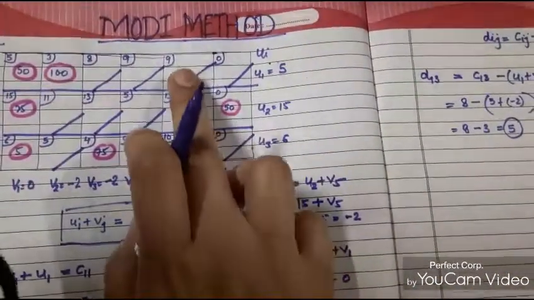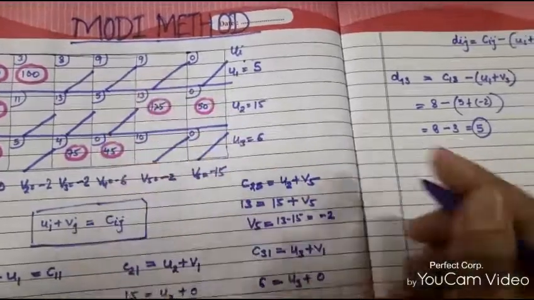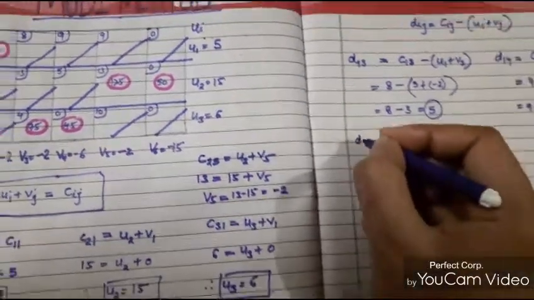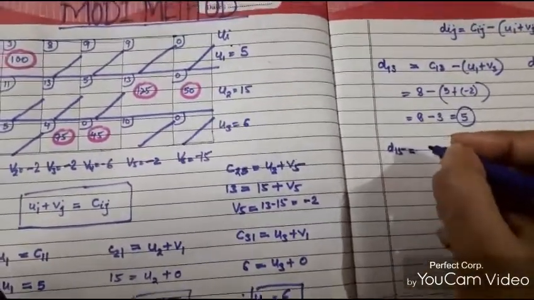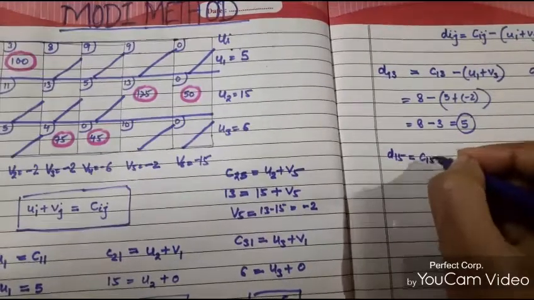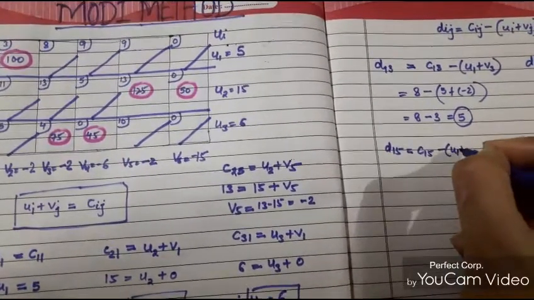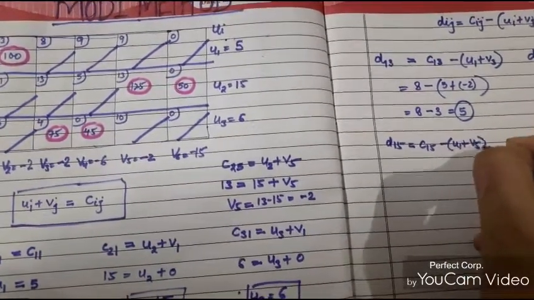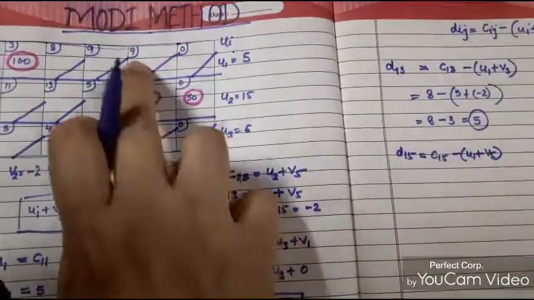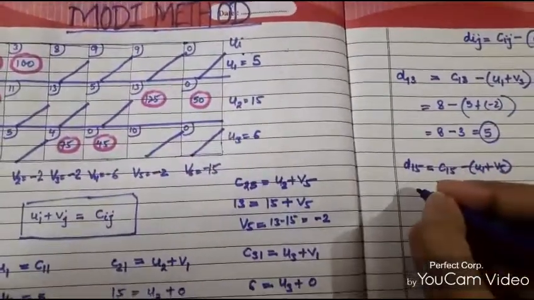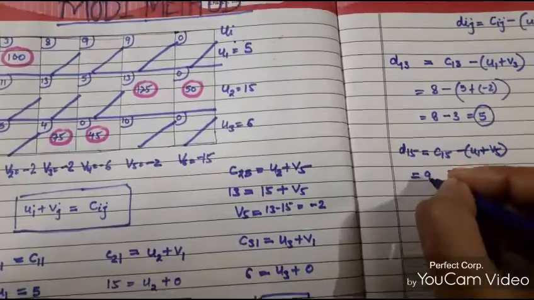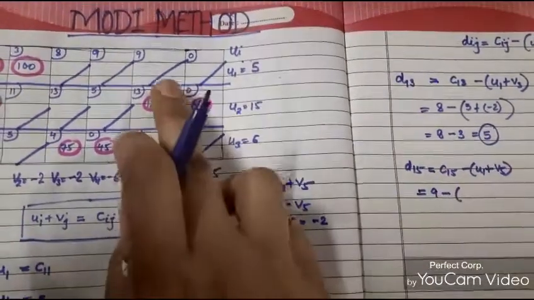Move on to the next one, D15. So calculate D15. That means C15 minus U1 plus V5. And what is the cost for this? Again 9. So this is 9 minus, what is the U1 for this?